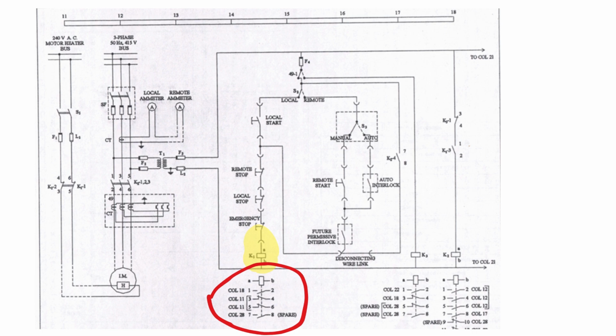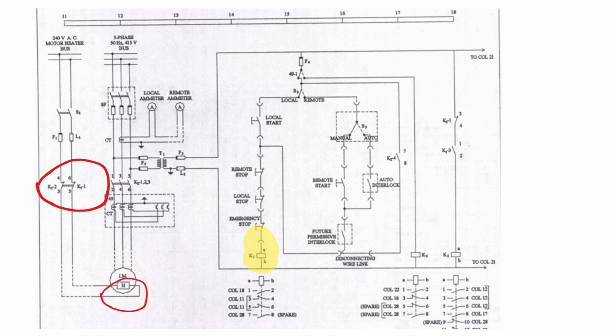For example, the 2 normally closed NC contacts of K1, which are located in column 11, which are 3 4 and 5 6, will open, and it will cut off the power supply to the space heater. Okay, so at the very first operation, it will switch off the space heater.